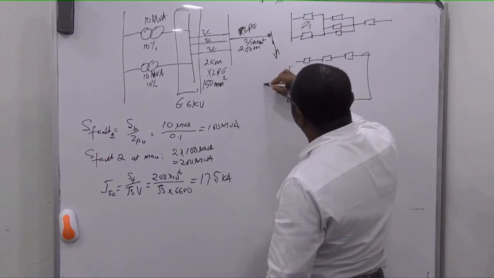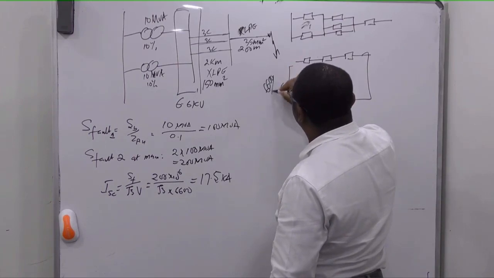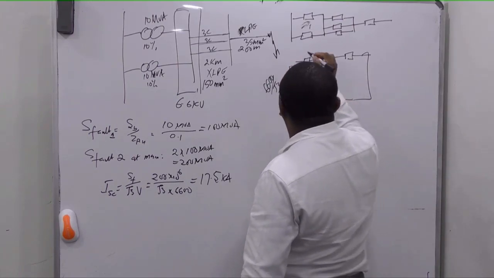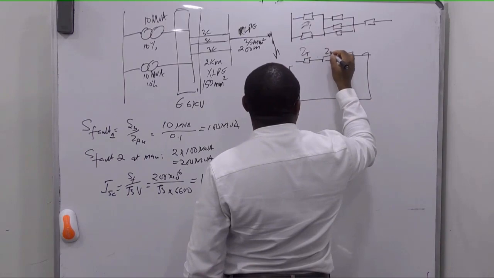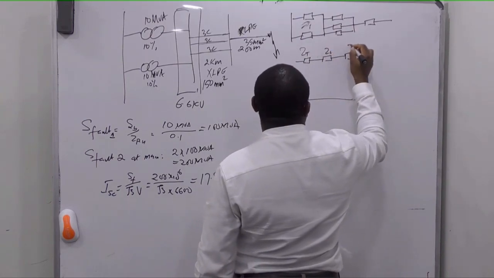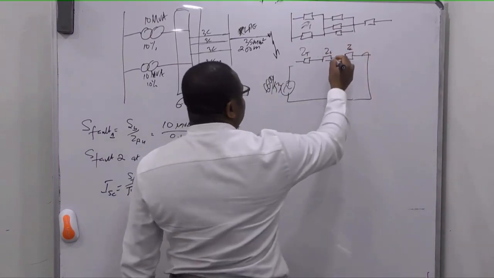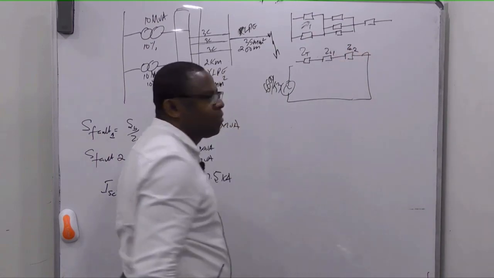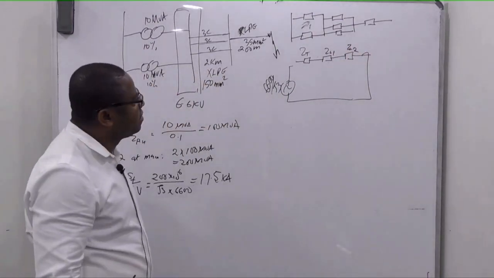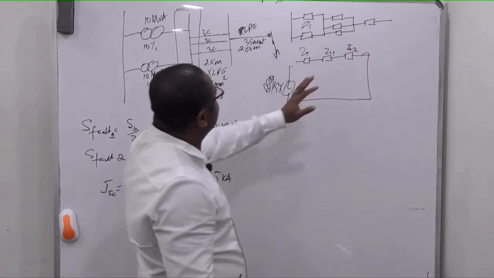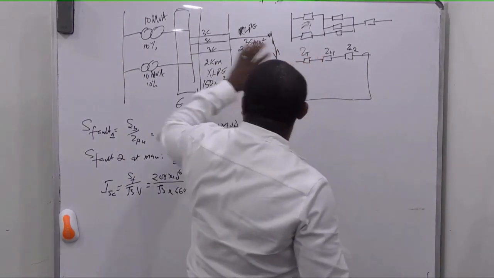So here will be 6,600 over root 3, and this is Z of the transformer in ohms, Z of line 1, and Z of line 2. All right, let's start. What will be the Z of the transformer?